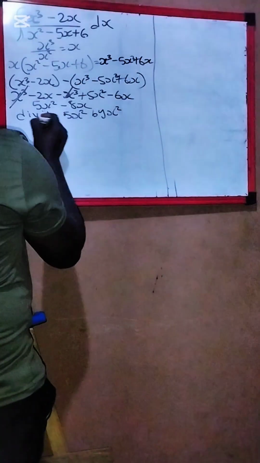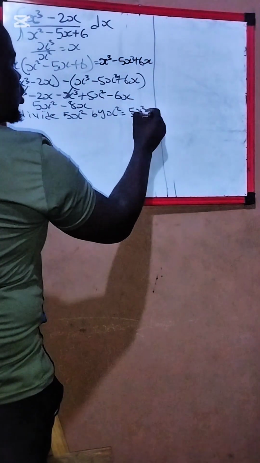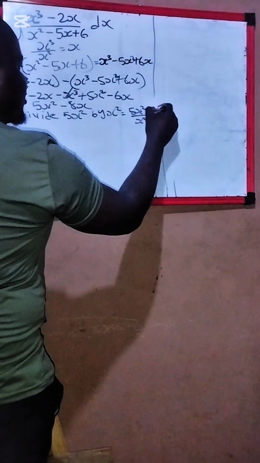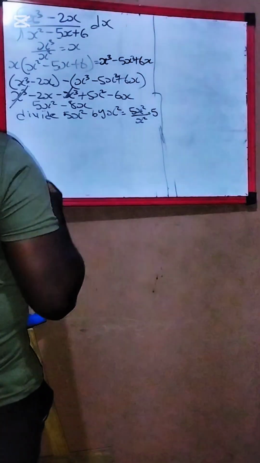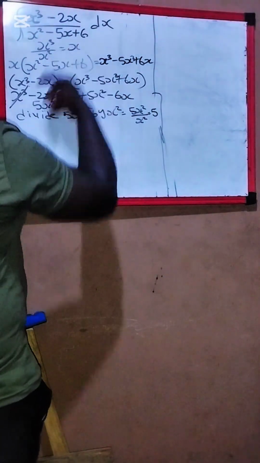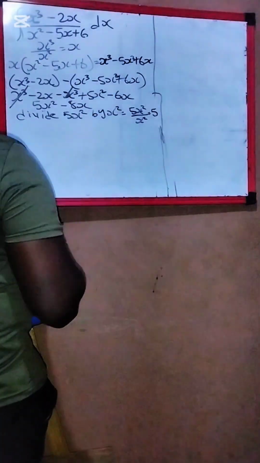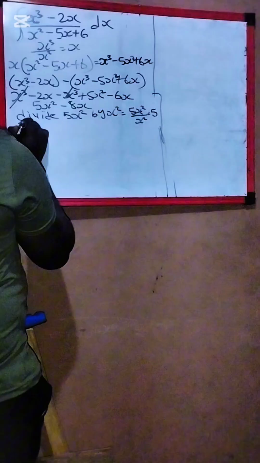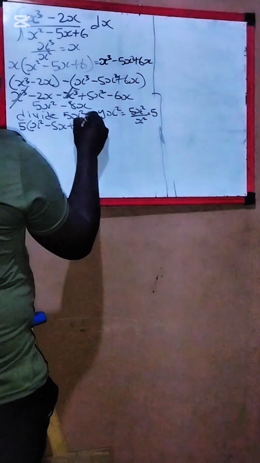Dividing this one by x squared, we have 5x squared all over x squared, so definitely we have only 5. Now like we did here, we use the same 5 to multiply the denominator. We are going to have 5 bracket x squared minus 5x plus 6.